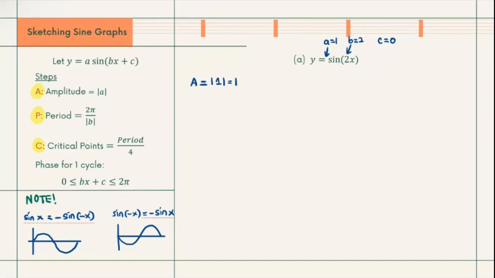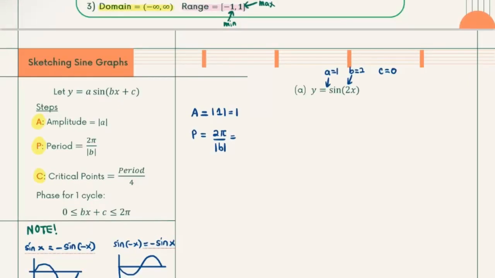Okay, and then let's look at the period. Period secara general, the formula will be 2 pi over magnitude of b. So here our b will be 2 kan? Magnitude of 2, so kita dapat 2 pi divided by 2 adalah pi. So our period will be just pi.